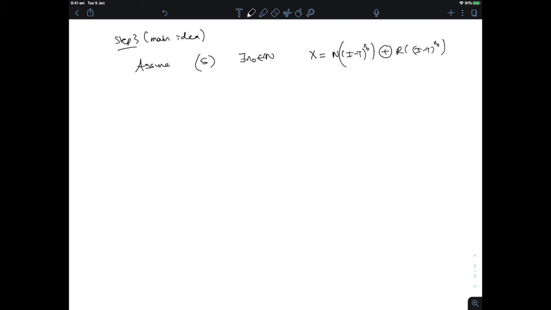We may not have a null space range decomposition for n not equal 1, but let's say we have it for a high enough power. Then the following happens.